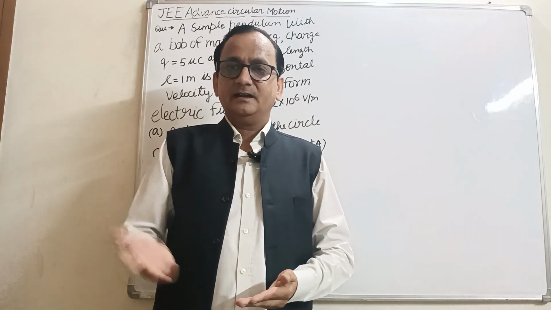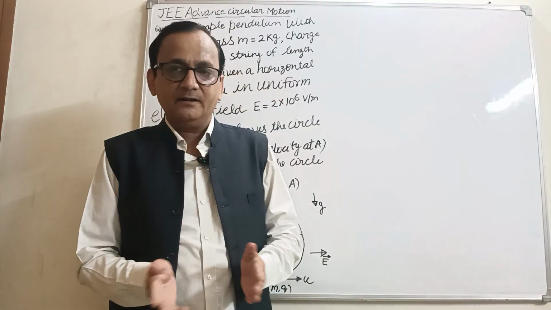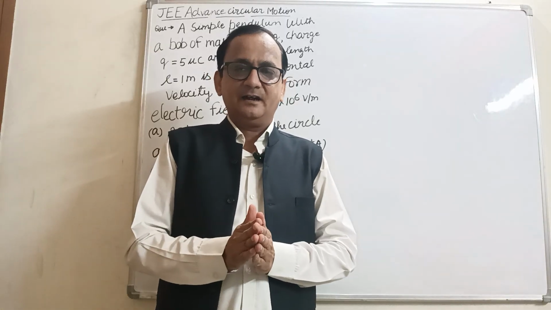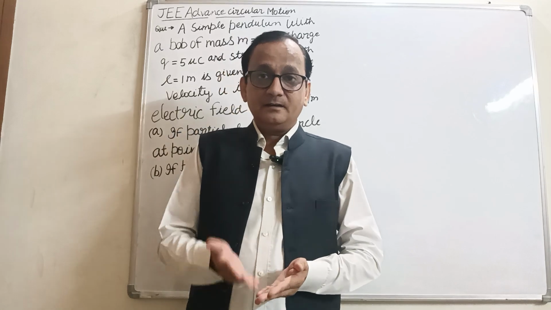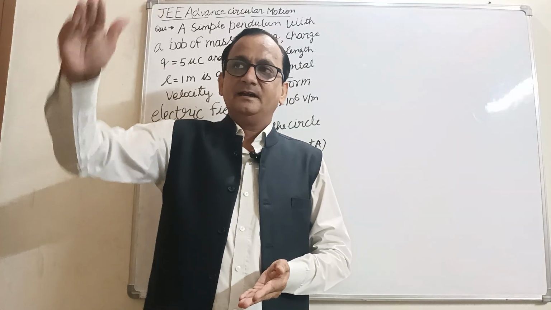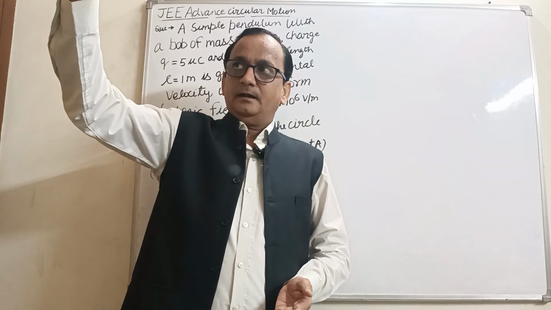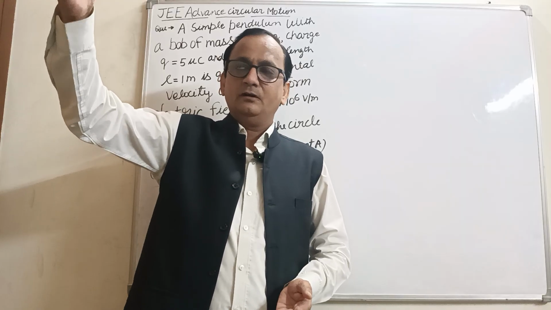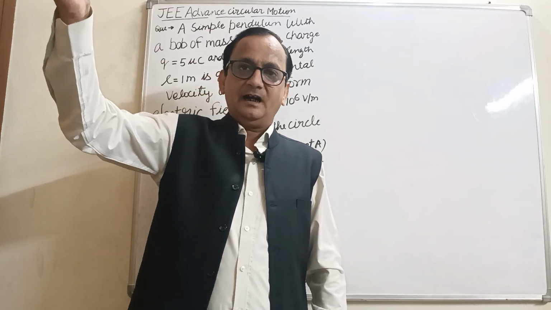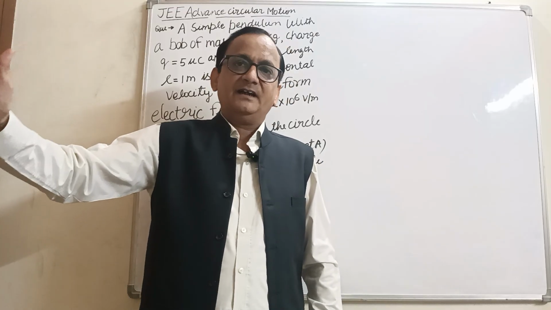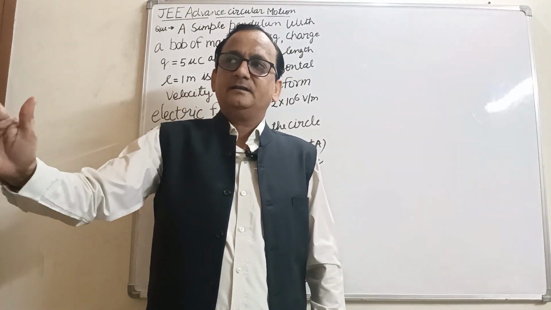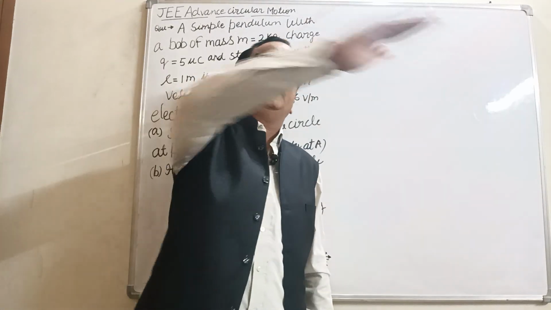slackening of the string happens here. And when we provide a velocity in between root 2gl and root 5gl, the bob completes the quadrant circle, and in between the quadrant and the half circle, its tension becomes 0, but velocity persists at that situation, and the particle leaves the circular motion and attains a projectile motion.